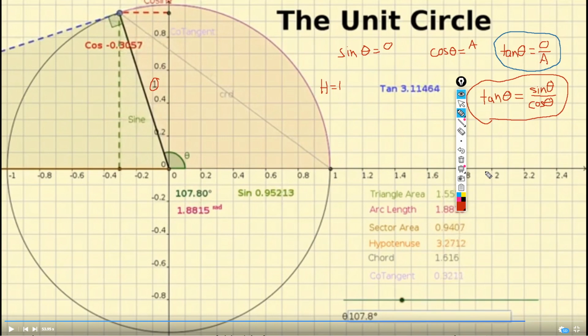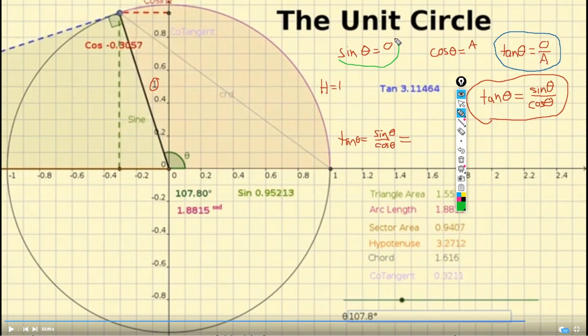And that's not as bad as you think. Tangent equals sine over cosine, and I'll add in my thetas. Okay, well, for the unit circle, what is sine of theta equal to?